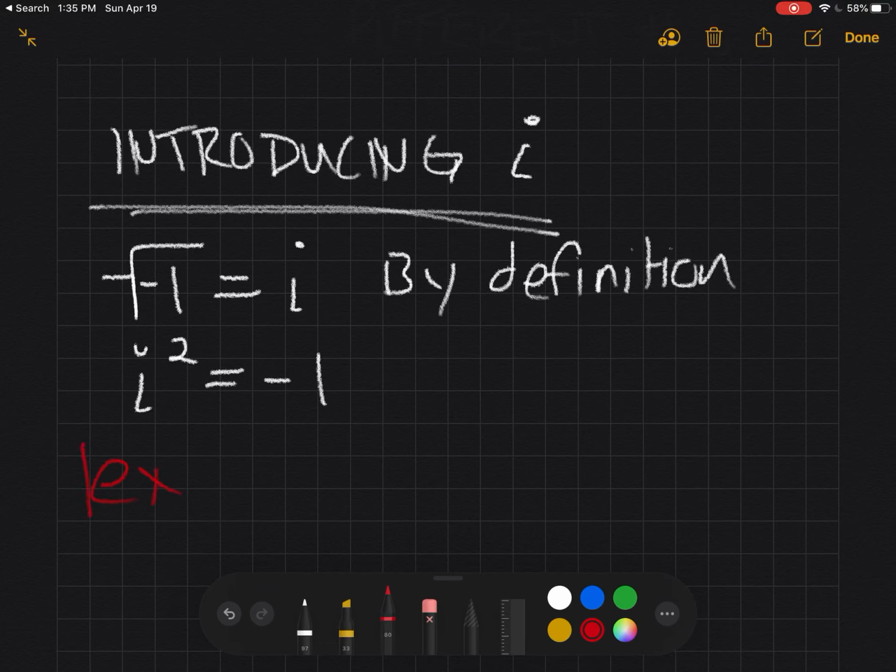The square root of negative 1 is defined to be i by definition. So that means that i squared is equal to negative 1. And this is going to help us.